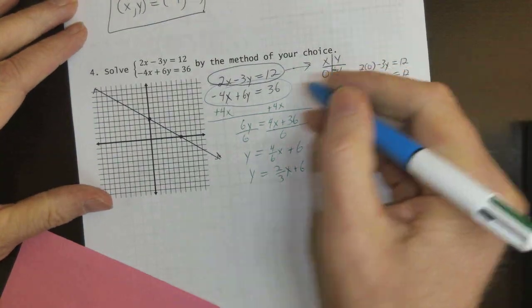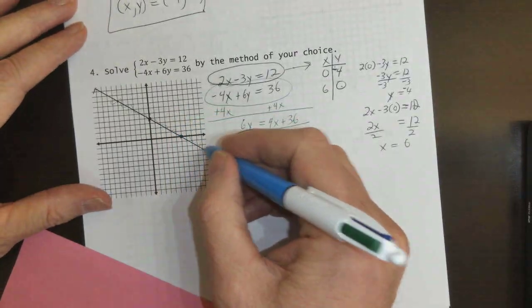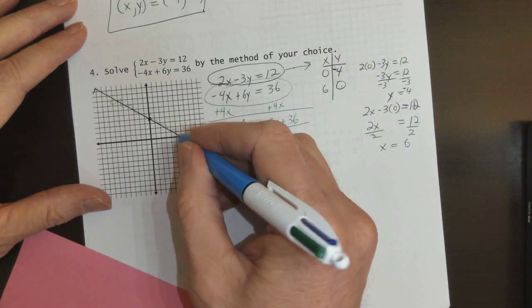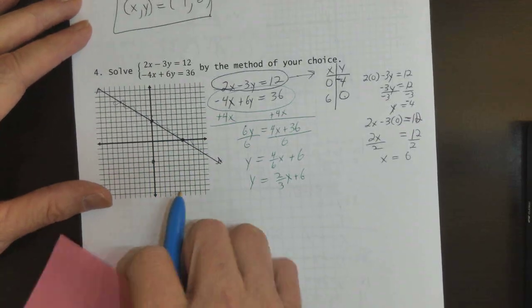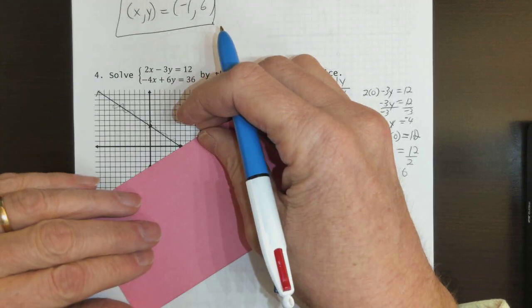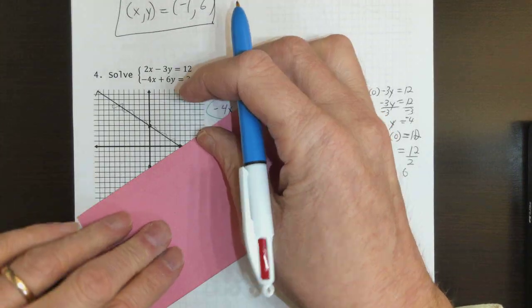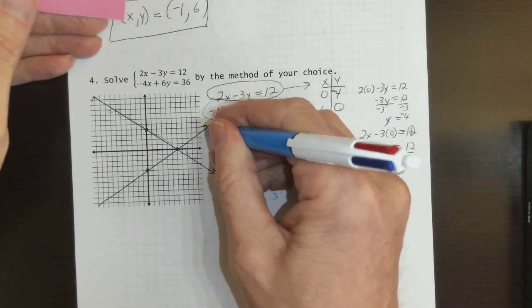First mistake of the year, guys. That's -4. This is not the line. This 6, 0 is okay. 1, 2, 3, 4. That's right there. Alright. That line is actually going like that.